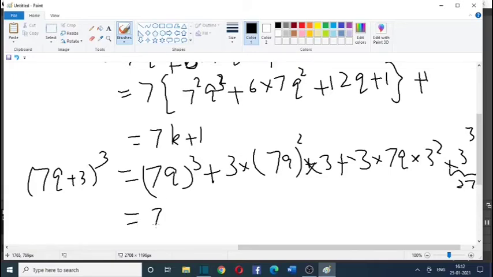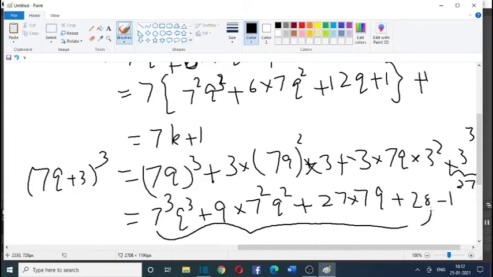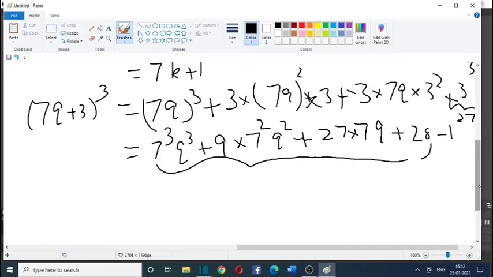So this is 7 cube q cube plus 3 into 3, 9 into 7 square q square, plus 3 into 3 square, 27, into 7q, plus 27, which we could write as 28 minus 1. So we can take out 7 from all these terms.